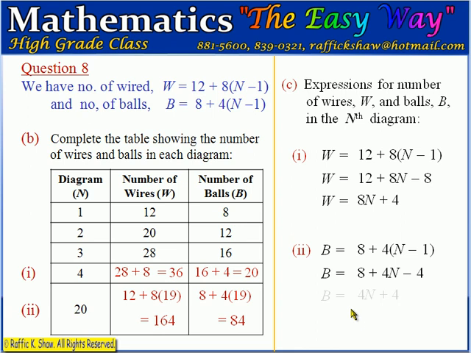And so we are left with the number of balls being equal to 4n plus 4. And again, that's a more simplified expression for the number of balls in the nth diagram. B, number of balls in the nth diagram is 4n plus 4. And so that's the answer for that part of this question. And that's the end of this question.